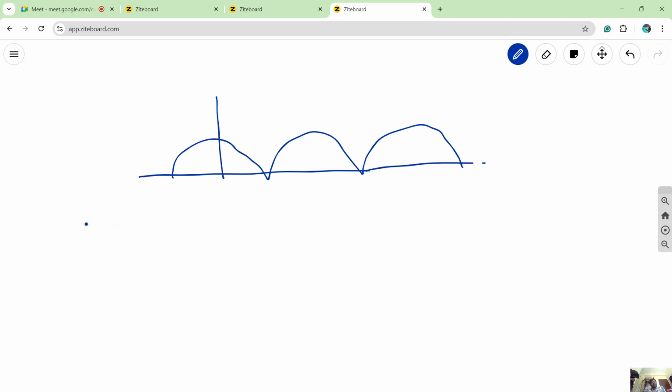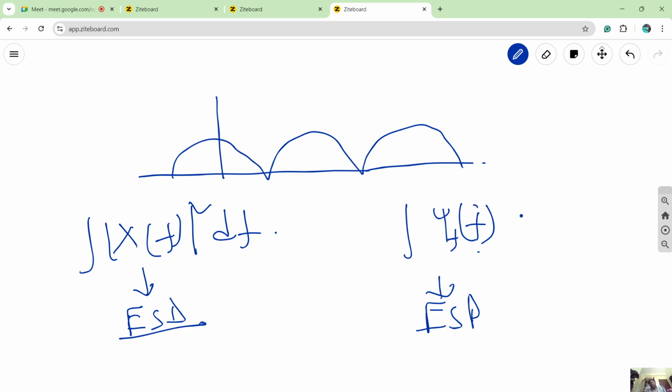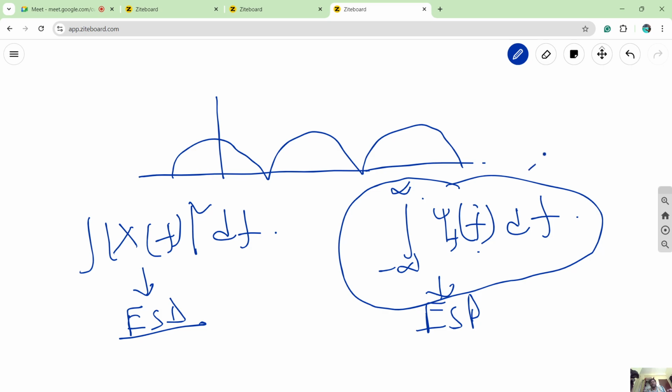And then if you calculate |X(f)|^2 df, where psi of f is the actual ESD, then from minus infinity to infinity, this total value becomes infinite.